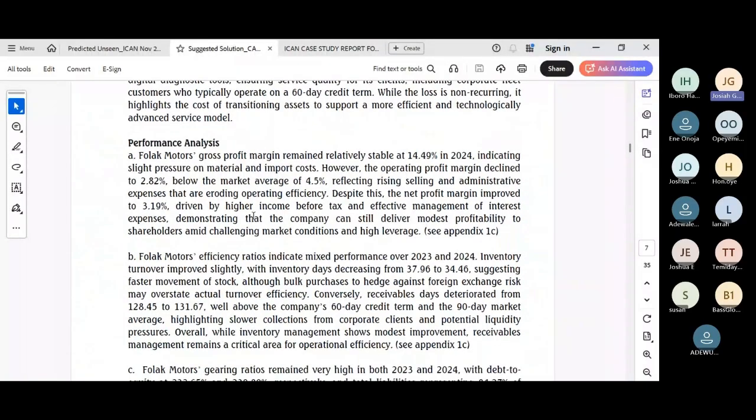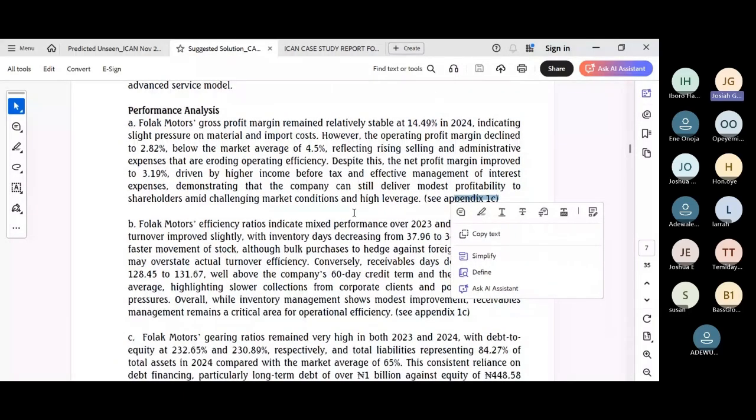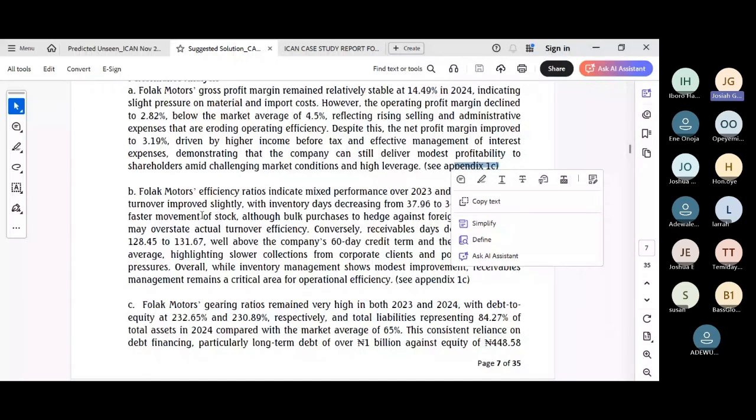So number 1, we said the gross profit margin remained stable at 14 point blah blah percent in 2024, indicating slight pressure on material and import cost. We referenced the appendix. This is where you reference appendices now. Take note of it. Secondly, we said efficiency ratios indicate mixed performance. Inventory turnover decreased from 37 to 34 days, suggesting faster movement of stock.